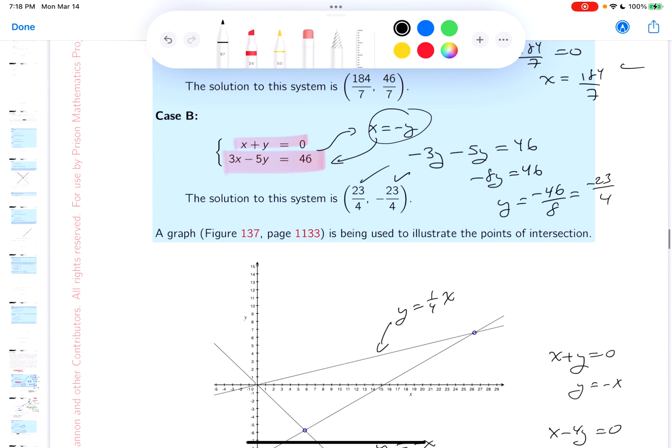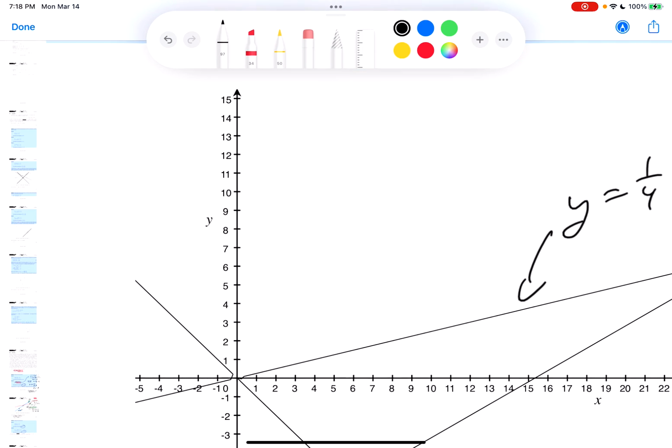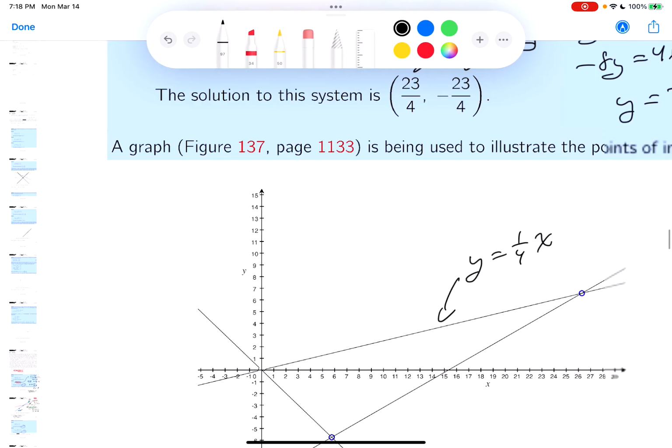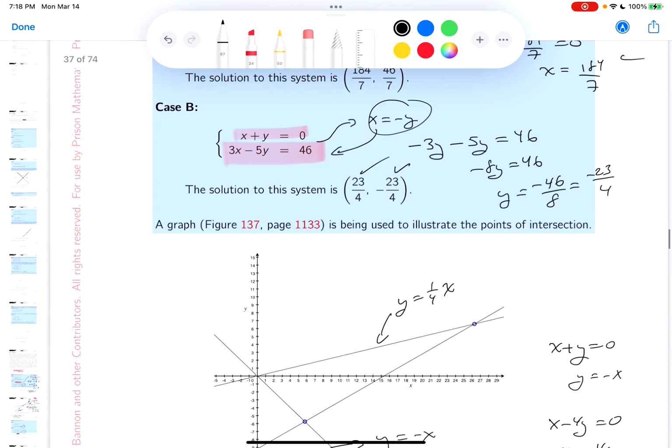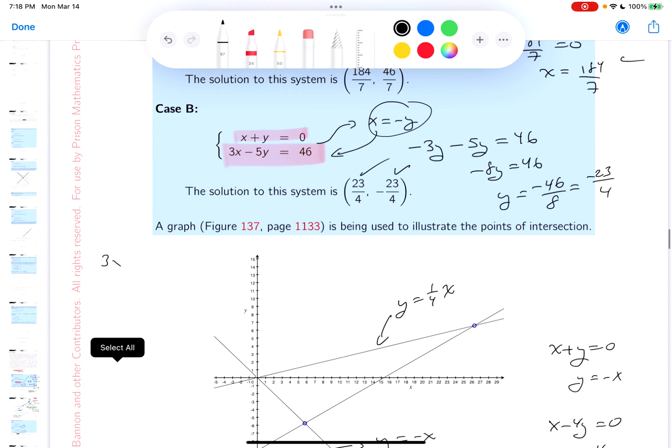And what is that equation? Oh, you know what I'm doing over here? I should probably get the resolution better on that one over there. But you get 3x minus 5y equals 46. And that's going to be, let's write this down. Let's be careful about it. 3x minus 46 equals 5y.